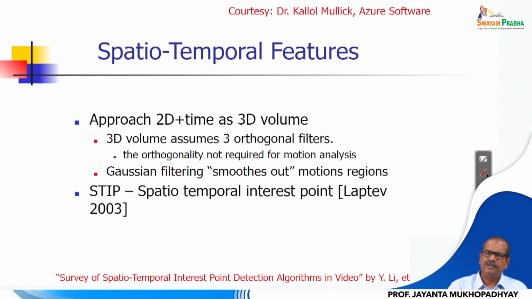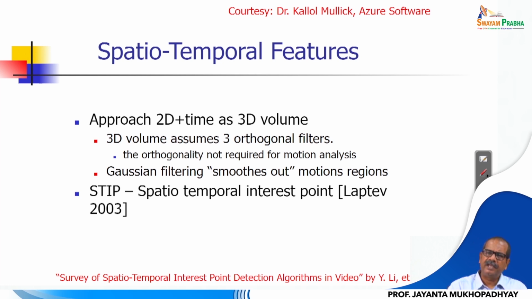One is that we consider the video as a three-dimensional volume. That means we have the two-dimensional frames, and then over time they make a volume. So video can be considered as three-dimensional data, like the data we use for three-dimensional medical images.